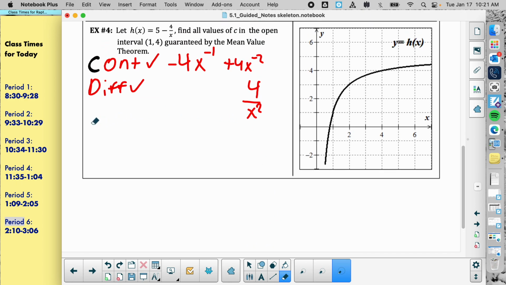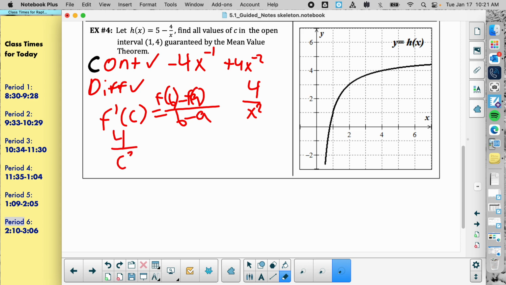Do you want me to have you write down the formula to work from? So f prime of c equals f of b minus f of a. Like I said, that'll be written in the questions so you don't have to memorize it. We're basically just going to fill all that out now to find the answer. Nice. You even remembered the c.